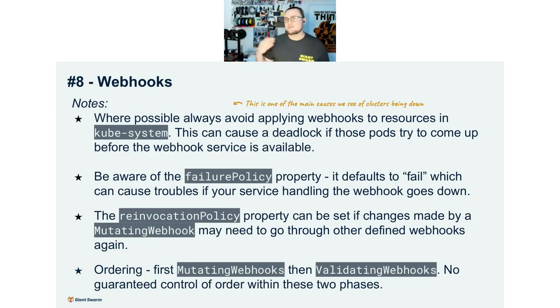So, for example, if you have a Kyverno webhook that you've specified to run on every pod creation, if your control plane node goes down, when it comes back up you're going to have a problem: it needs to run the webhook to create the pods for the API server, but there's nothing to call it, and you're basically in a state where your cluster's down and it can't come back up until you remove that webhook. So be very careful as to what you're targeting with your webhooks.